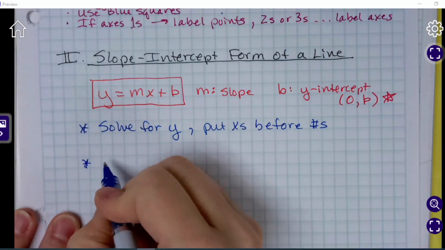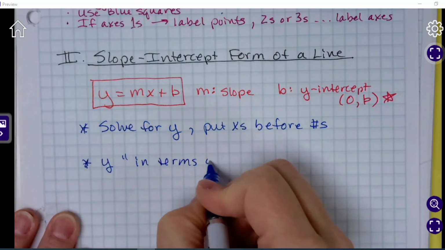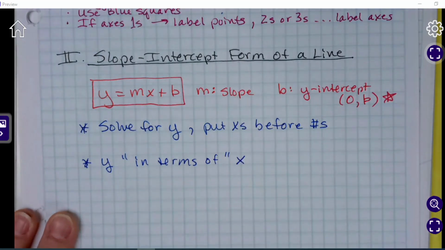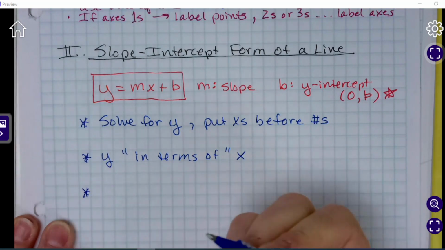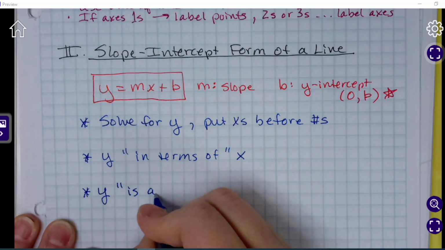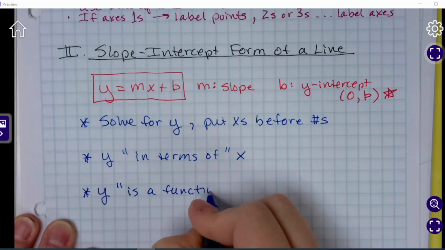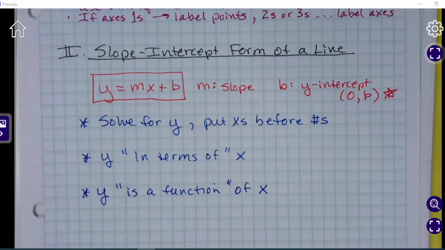Another way to say solve for y is y in terms of x. Again, we learned that in the last chapter. And a third way, which we will actually cover in this chapter, y is a function of x. So all of those mean the same thing. It means solve for y and put x's before numbers.